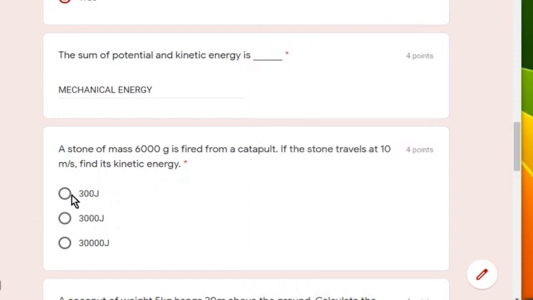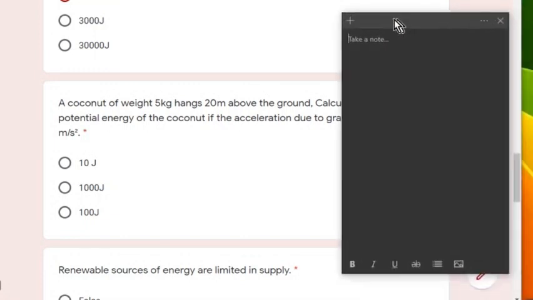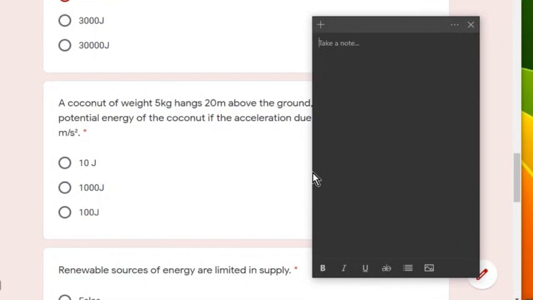joules. Next question. A coconut of weight 5 kilograms hangs 20 meters above the ground. Calculate the potential energy of the coconut if the acceleration due to gravity is 10 meters per second squared. To calculate potential energy, PE is equal to the mass times the acceleration due to gravity times the height.